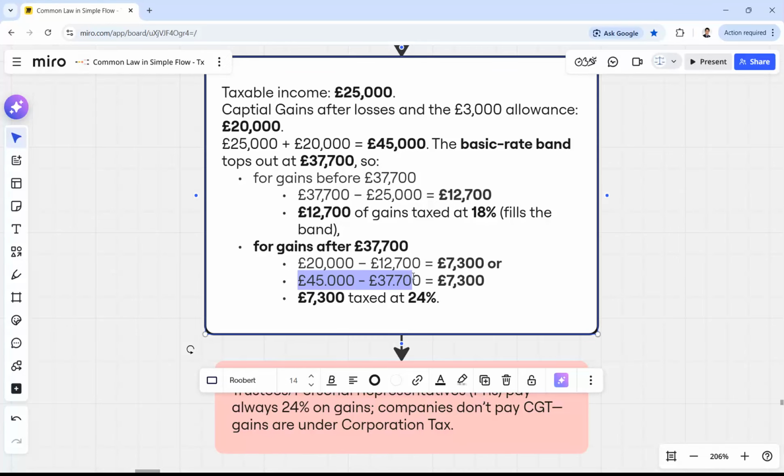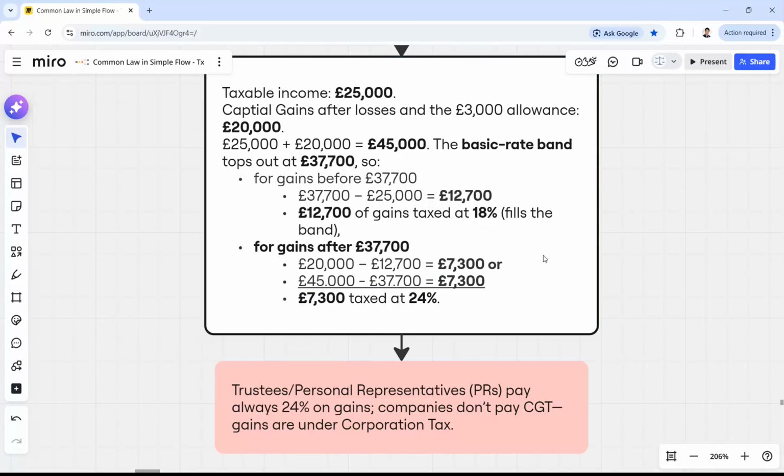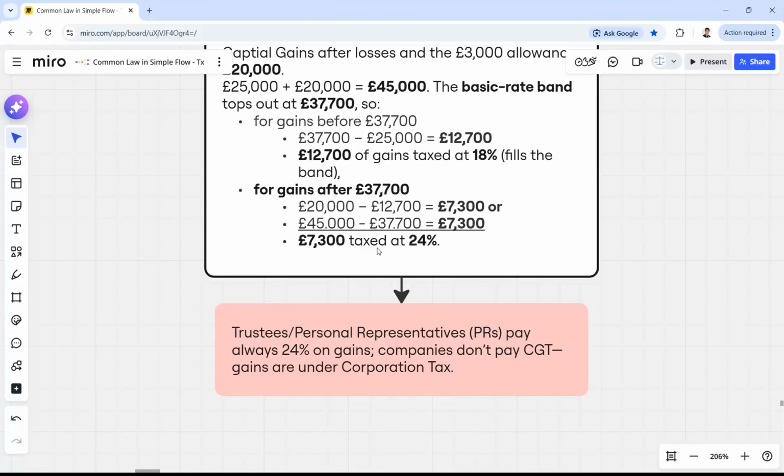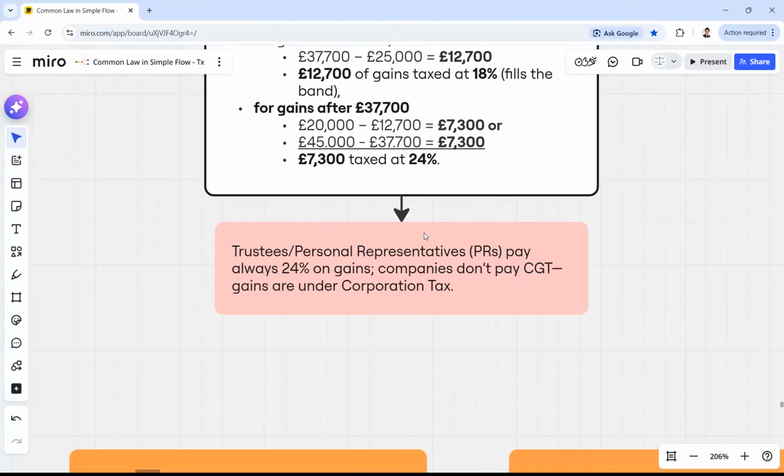For me, the better approach is this, because most common cases have 37,700 in between, and then we're just taking out from our main taxable income this 37,700, and we will get 7,300 multiplied by 24%.